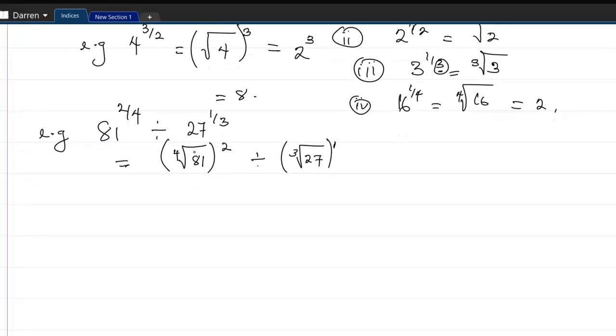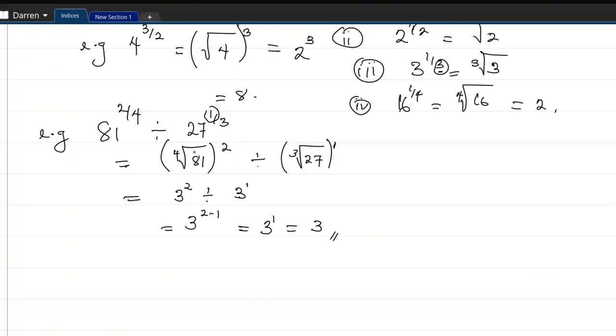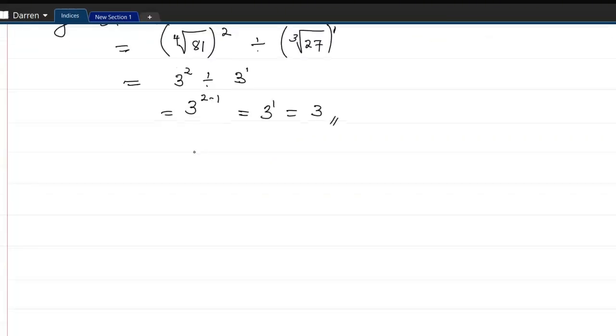If you have not been following, somebody might be asking, where did this 1 go? I've used it as a power, and anything raised to the power of 1 still stays the same. So this is the fourth root of 81, which is 3, raised to the power of 2, divided by the cube root of 27, which is also 3, raised to the power of 1. Notice here that I can say this is 3 raised to the power of 2 minus 1, which is basically the same thing as 3. So that's basically that.